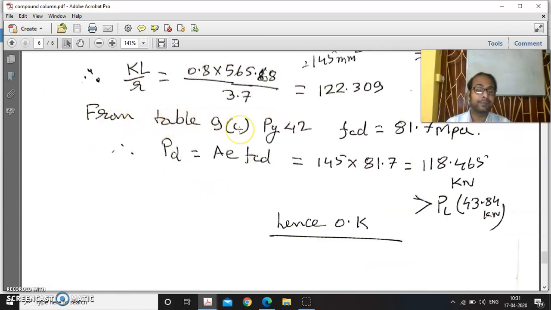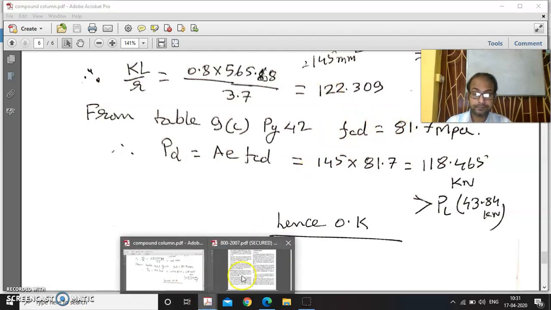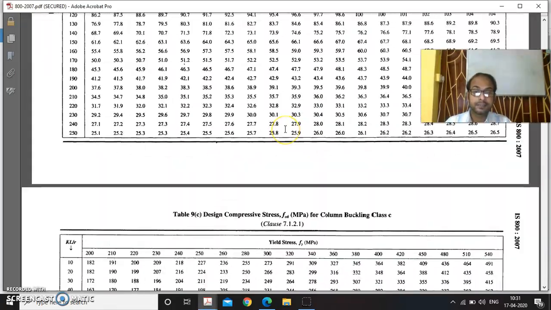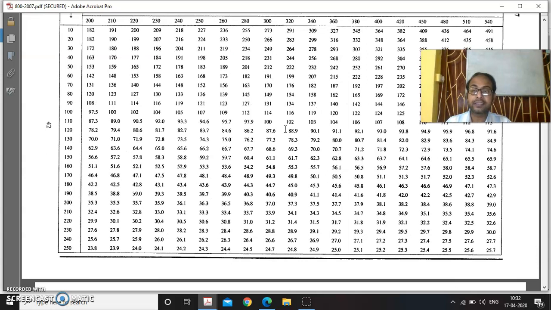From table 9C, page 42, from where we calculate or interpolate the value of fcd, the permissible compressive stress, we have interpolated between these values. Let's go to the code. This is the table and the value is 122. So we have to interpolate between 120 and 130 for fy 250. The values will be somewhere between these two, 83 and 74.